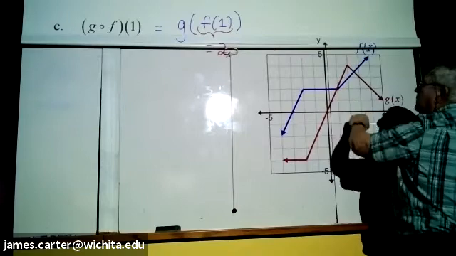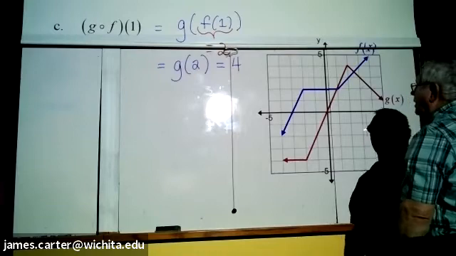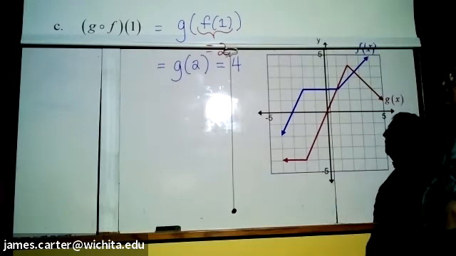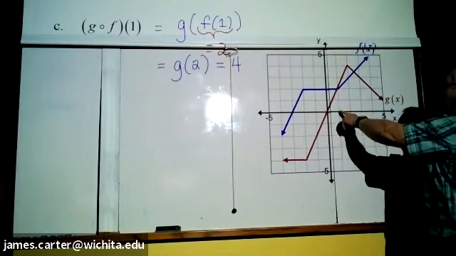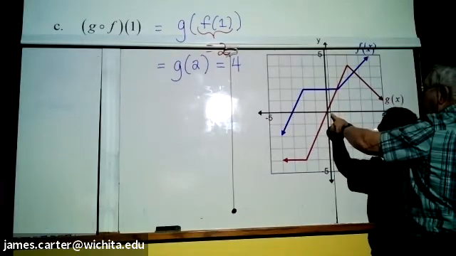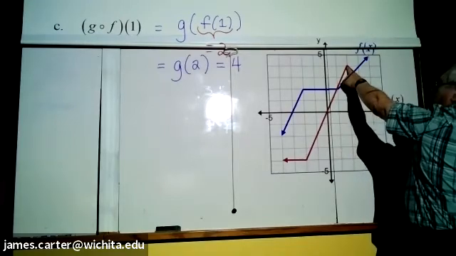Okay. And we're substituting the 2 in here into the g equation. So 1, 2, and we get an answer of 4.